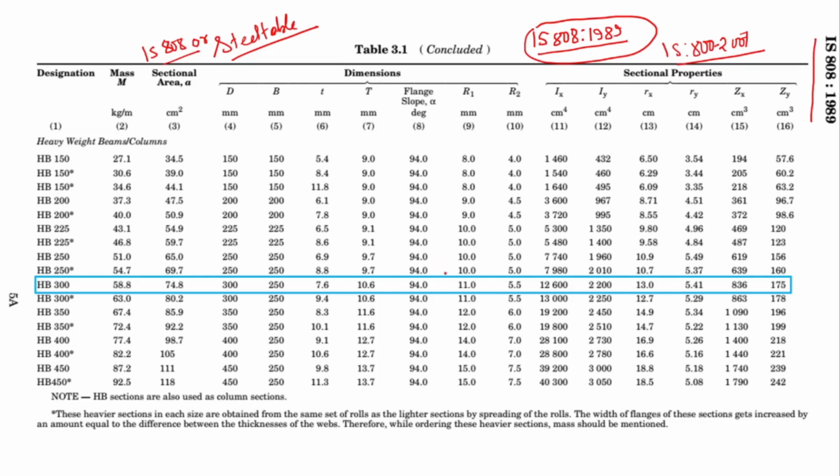Now see, our section, as per the question, is ISHB 300 at the rate of 577 Newton per meter.